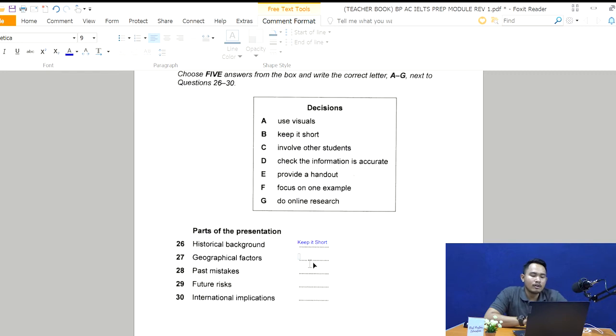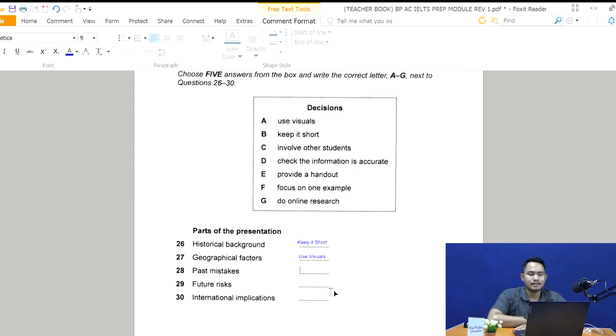Okay. Now, geographical factors, let's say, because it's geographical, right? I'm sure that it's easier to do it just by using visuals, because again, it's related with geographical. So I might say that using visuals would definitely give a very simple understanding to the audience. And then, what about past mistakes?